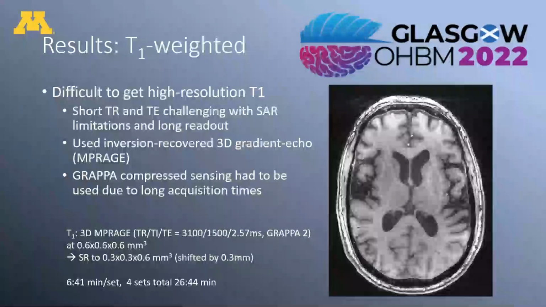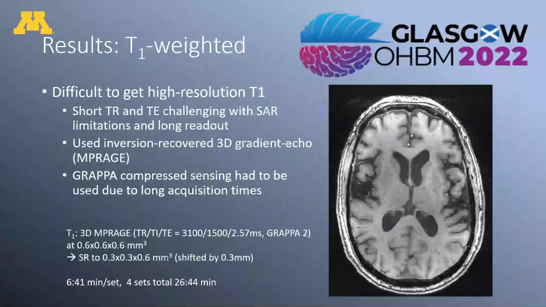And T1 is the one that I had a lot of issues with. That is because with T1, you need to have a short TR and short TE. Short TE is a problem because the readout length becomes long. So if you try to increase the resolution, you're just going to have a longer TR or TE. TR is difficult because, with the SAR, you just can't really shorten the TR.